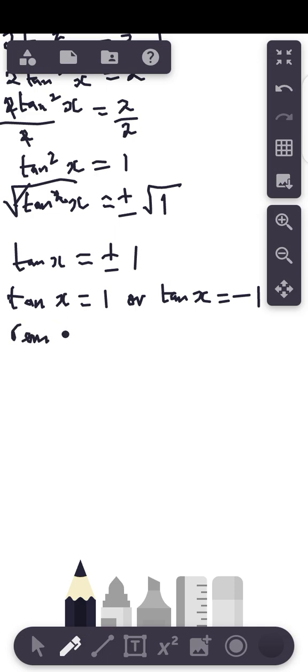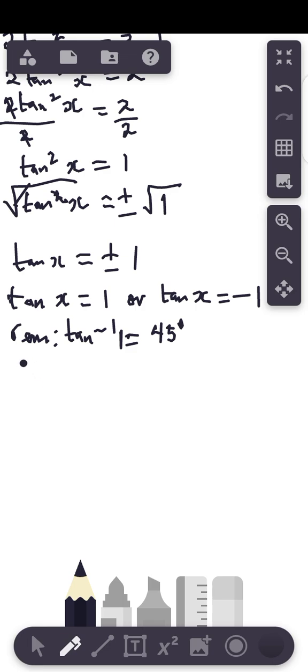Remember, tan inverse of 1 is 45 degrees. You can check that in your calculator, or you use trigonometric ratio to find it. One of these days I'll work on a video to show some special angles regarding trigonometric ratios. Now that we know our tan inverse of 1 is equal to 45 degrees.